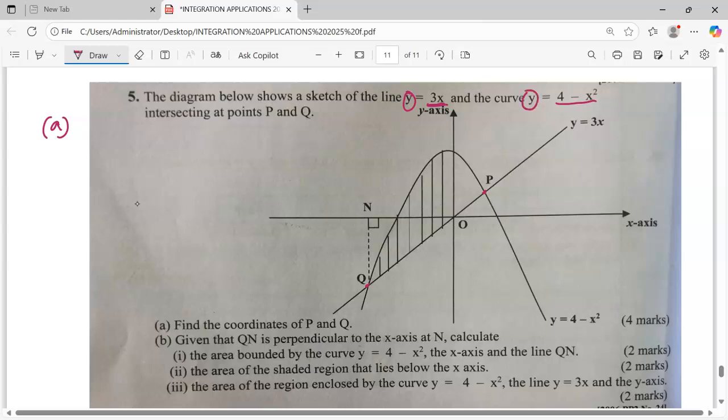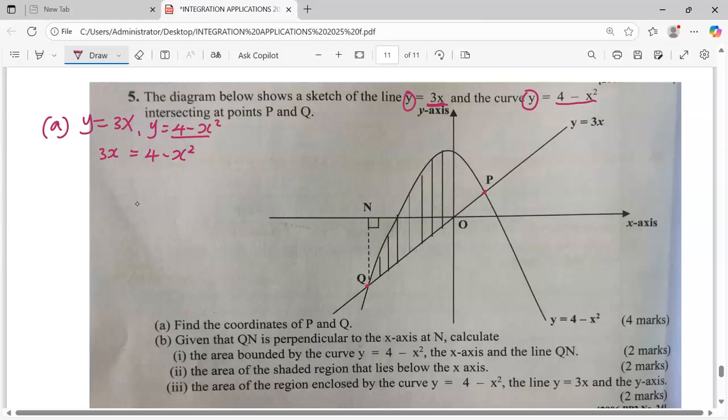We have y is equal to 3x and also y is equal to 4 minus x squared. We take 3x, which is y, we equate to the other y, which is 4 minus x squared.